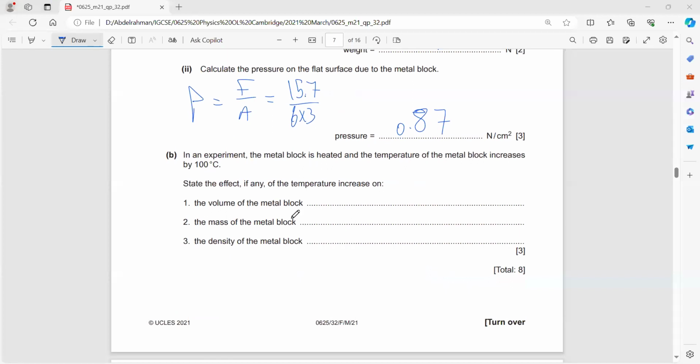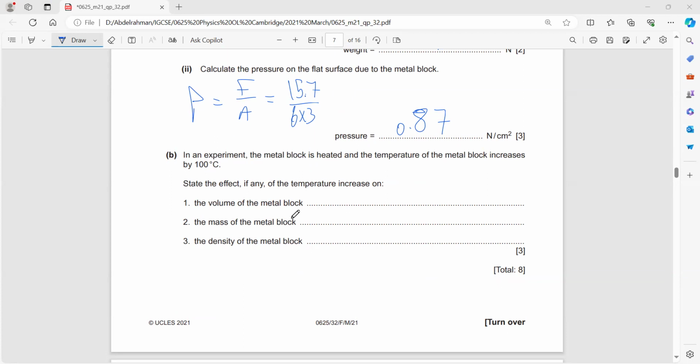In an experiment, the metal block is heated and the temperature of the metal block increases by 100 degrees Celsius. State the effect of the temperature increase on the volume, the mass, and the density. When I increase the temperature, what happens to the volume?